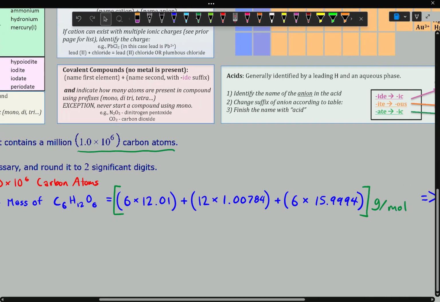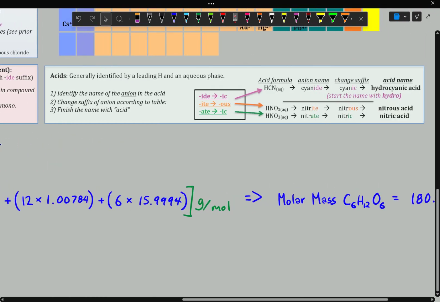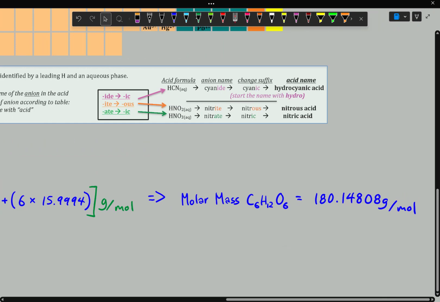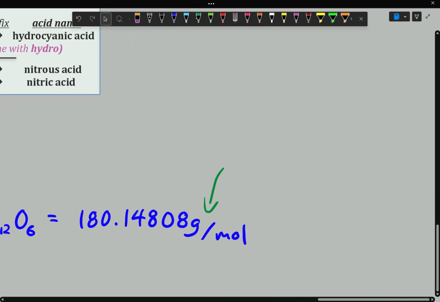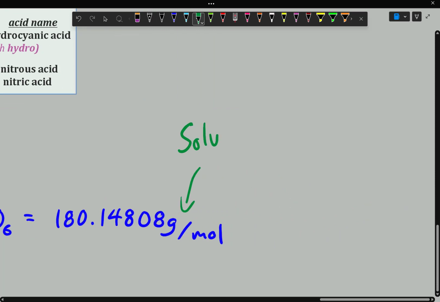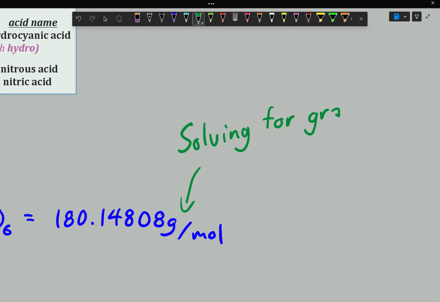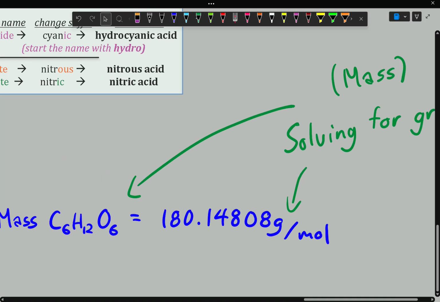Since we have grams per mole and we want grams, we are solving for grams because we want to know the mass of this compound glucose.